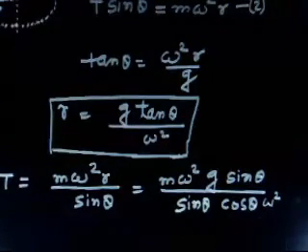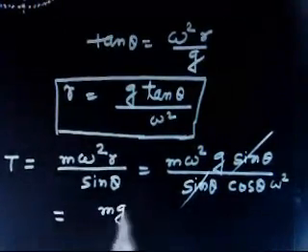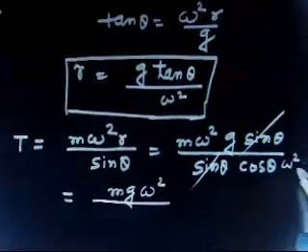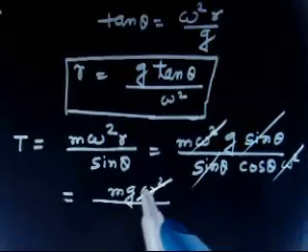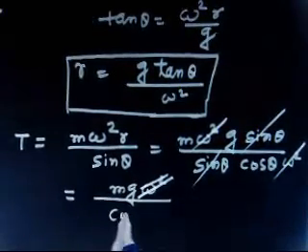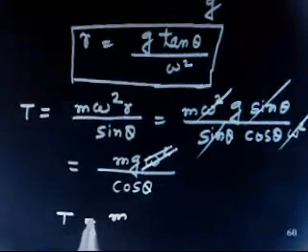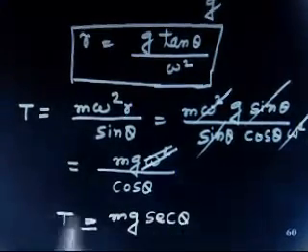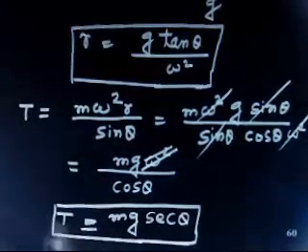I am writing tan theta as sin theta by cos theta so that I can cancel this sin theta. So you will have tension is mg, and omega square also gets cancelled out, so there is no need to write omega square. So mg by cos theta. So this means tension is mg sec theta. So we will have mg sec theta as the tension in the thread.